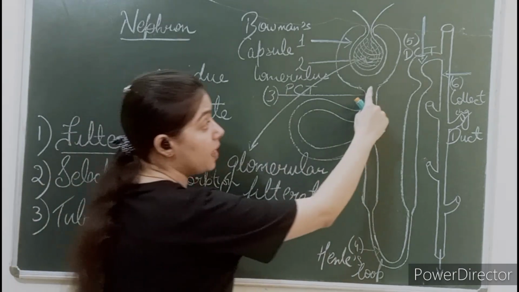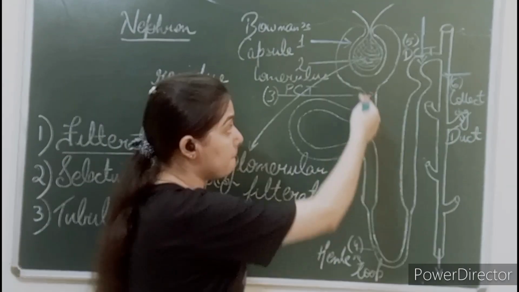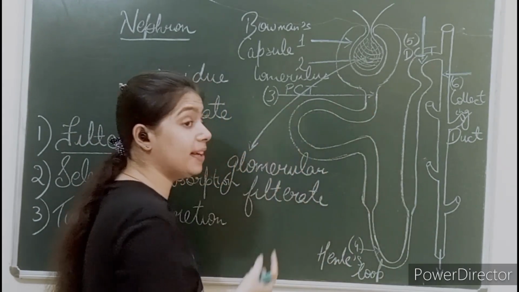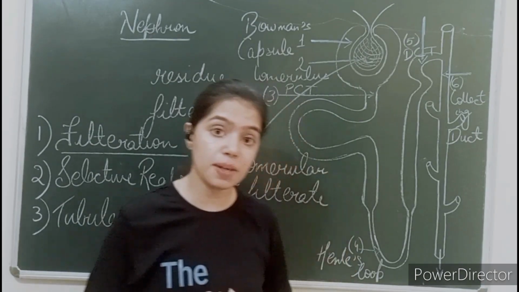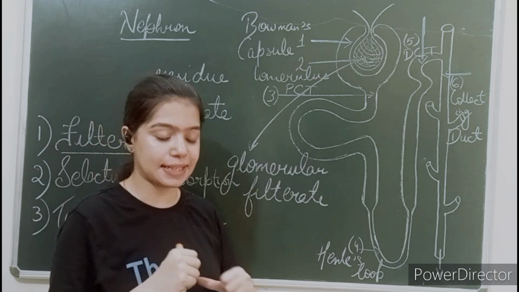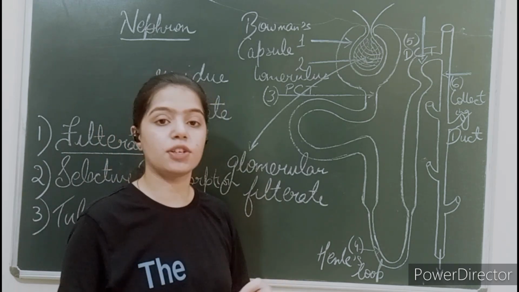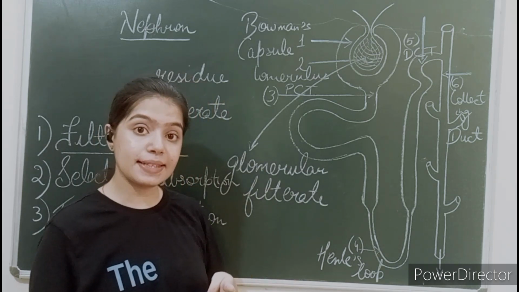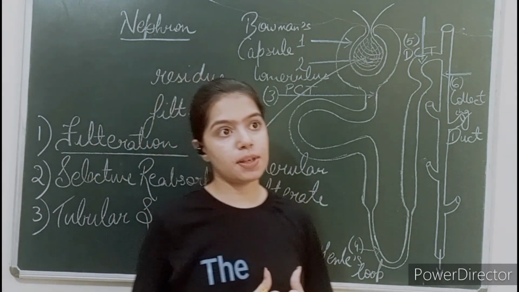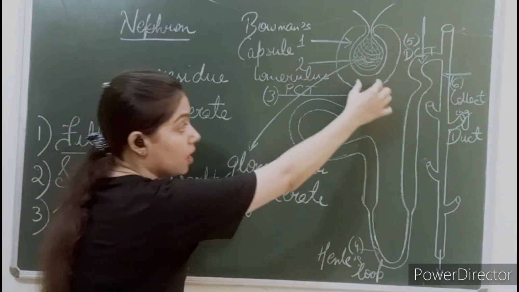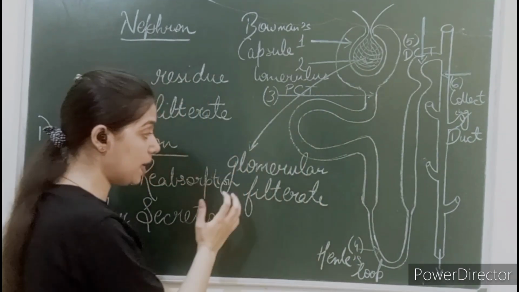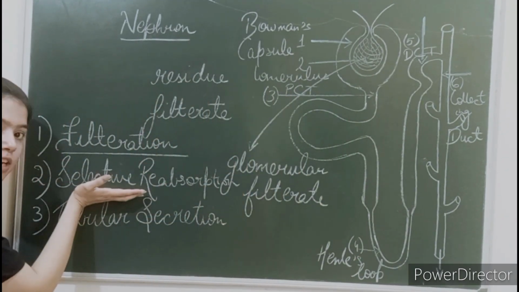The glomerular filtrate passed from the glomerulus now contains some useful as well as some non-useful substances. Useful substances are those which our body needs, like sodium ions, water, salts, amino acids, while there are some non-useful substances like urea and creatinine. So now this convoluted tubule will do the process of selective reabsorption.